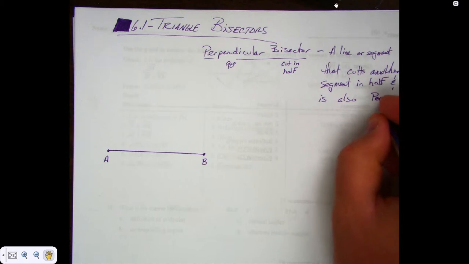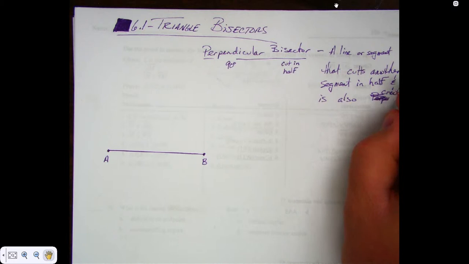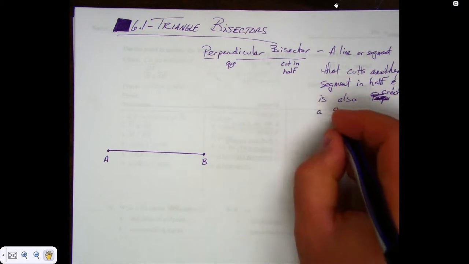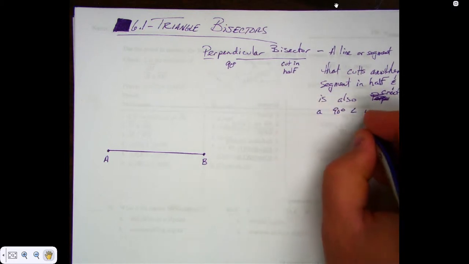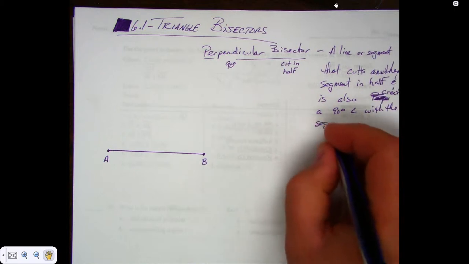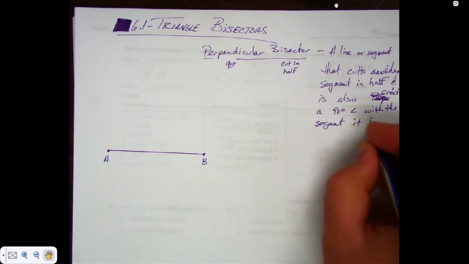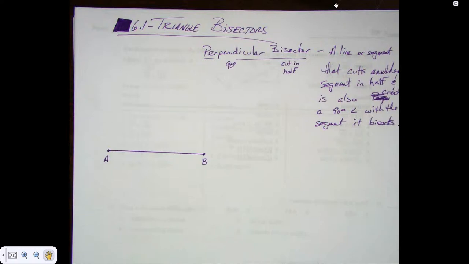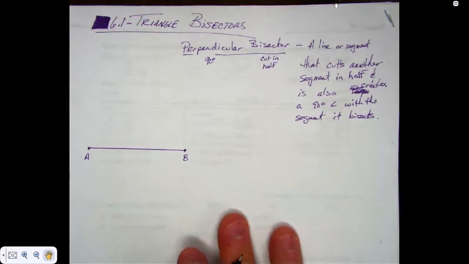Perpendicular, or so we don't say that word again, we'll say creates a 90-degree angle with the segment it bisects. Makes enough sense, doesn't it?